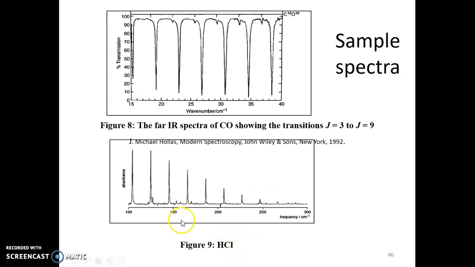But more importantly, the separation between our lines is approximately equal, about 2B apart. So we can easily obtain our B from the spectra, related to the moment of inertia, and then we can calculate the bond length. A sample example is given.